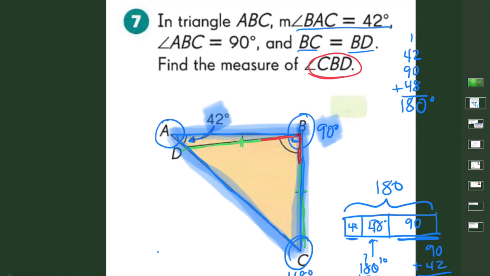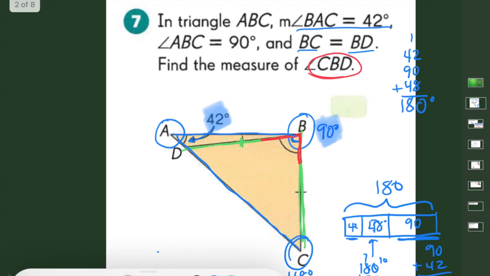All right, so now let's look at the next piece that we know. Now that I know the large triangle, the other thing I see is that this is an isosceles triangle, the smaller one, so I'm going to highlight it in green.